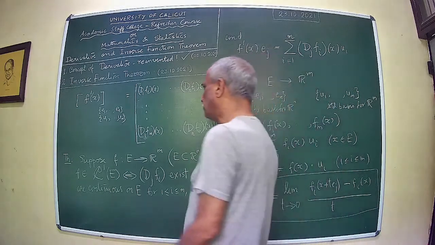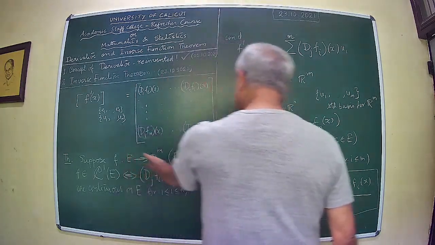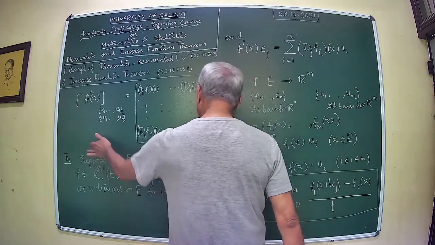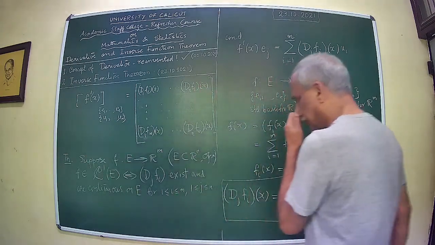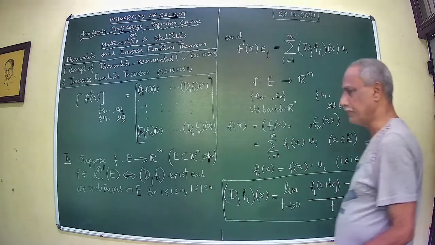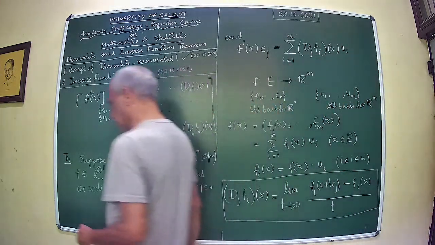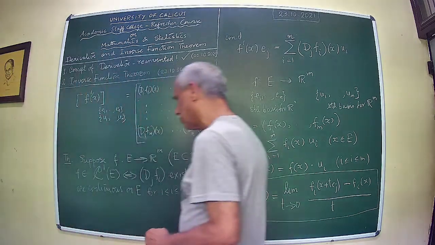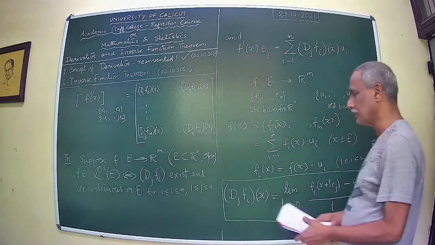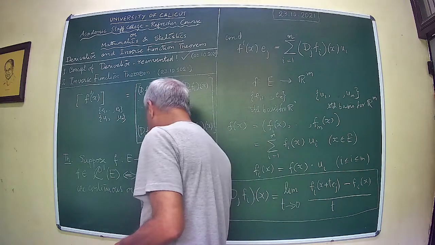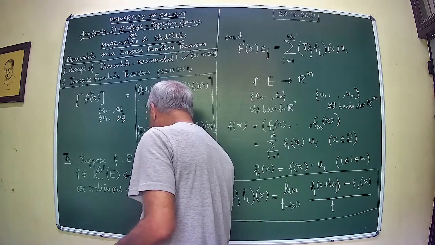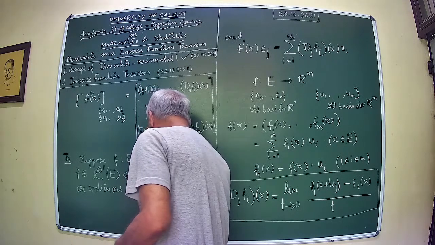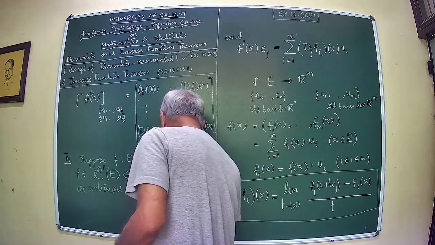Now you can compare this against the example that we have looked at, that is f(x,y) equal to xy over a denominator away from 0, 0, and f(0,0) equal to 0.